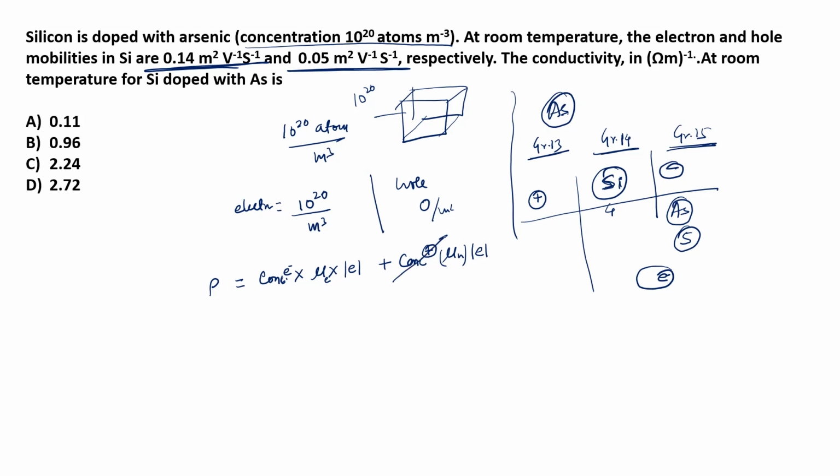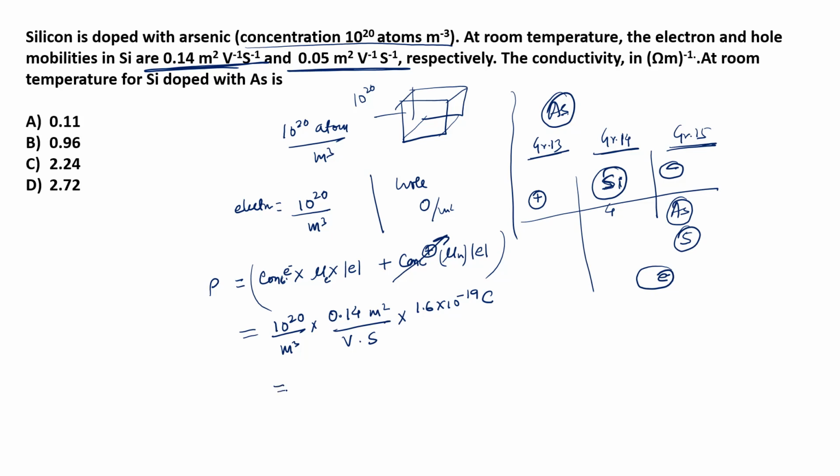Since the hole term is 0, we neglect it. The concentration of electrons is 10 power 20 per meter cube. The mobility is 0.14 meter square per volt second. The charge is 1.6 into 10 power minus 19 coulomb.